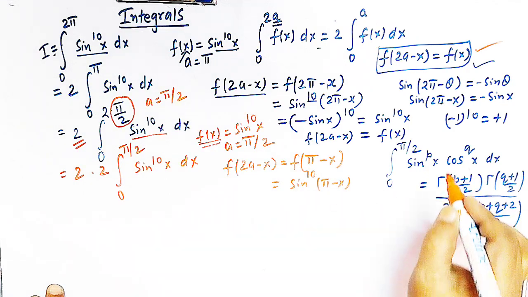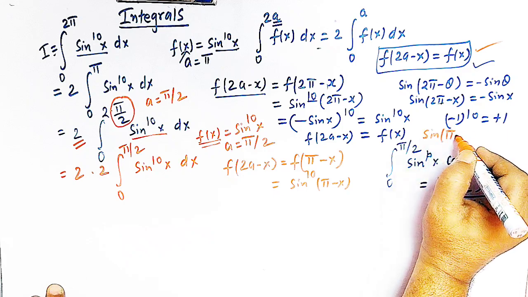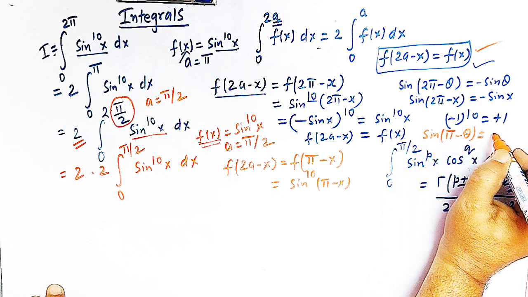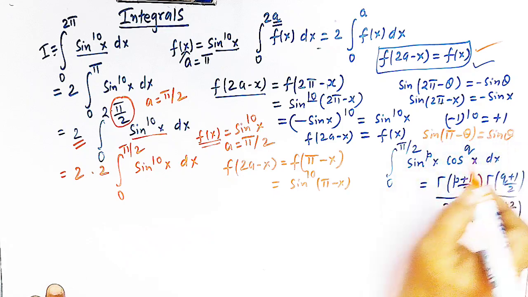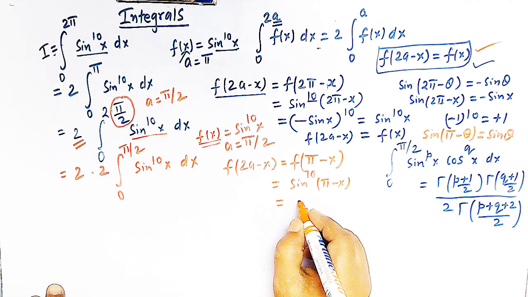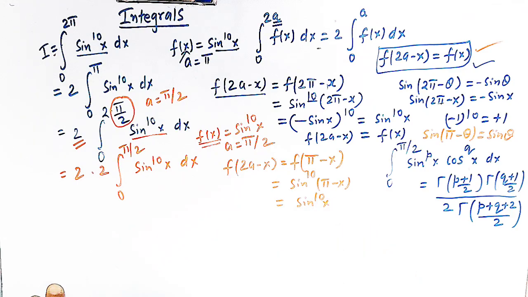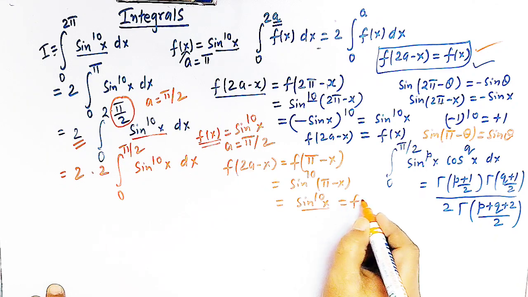Now again from trigonometry we know that sine pi minus theta is equal to sine theta, right? So here sine pi minus x is sine x. So we have simply sine x raised to 10, right? And this is our function f of x.